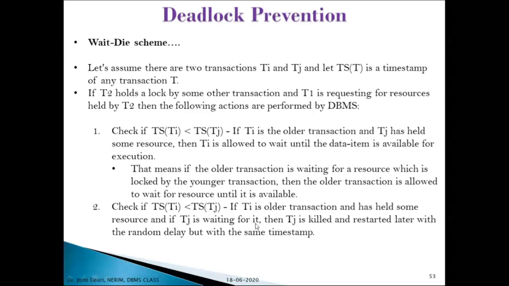Tj is waiting for it. Then Tj is killed and restarted later with a random delay but with the same timestamp. So this is our second option. You can kill Tj here, but Ti keeps waiting.